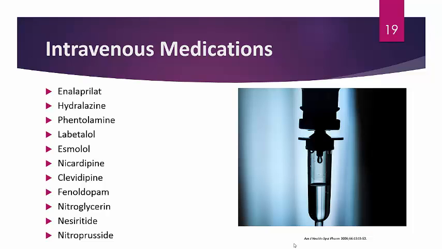These include Enalaprilat, Hydralazine, Phentolamine, Labetalol, Esmolol, Nicardipine, Clevidipine, Fenoldopam, and then a few common medications that you actually saw in regards to acute decompensated heart failure, which are Nitroglycerin, Nesiritide, and Nitroprusside. Nitroglycerin and Nitroprusside actually being more common than Nesiritide.